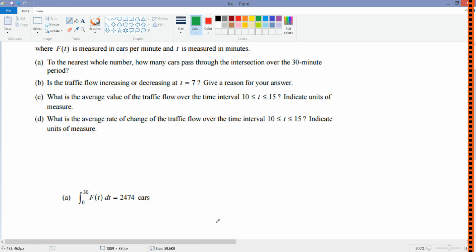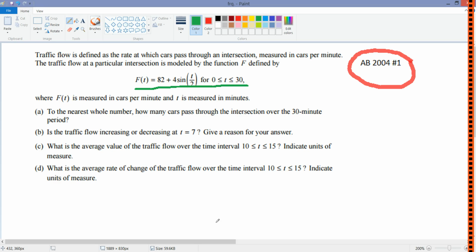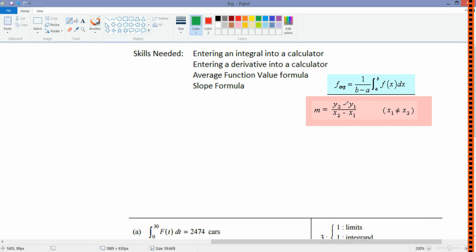Now for letter C: what is the average value of the traffic flow over the time interval 10 to 15 minutes, and indicate the units of measure? To do this, you need to use the average value formula and use the calculator once more.